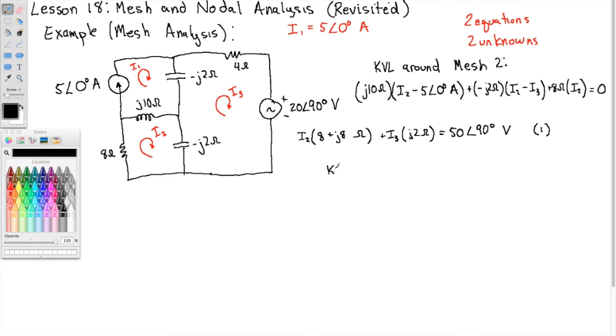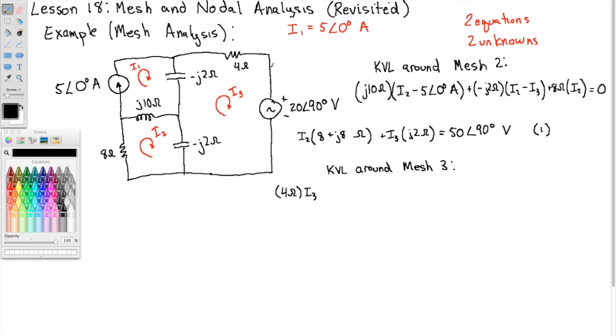Let's do KVL around mesh 3. So I'll start at the top left, and I'll work my way in the direction of I3. So the first thing I have is this 4 ohm resistor. So the voltage drop there is 4 ohms times I3.